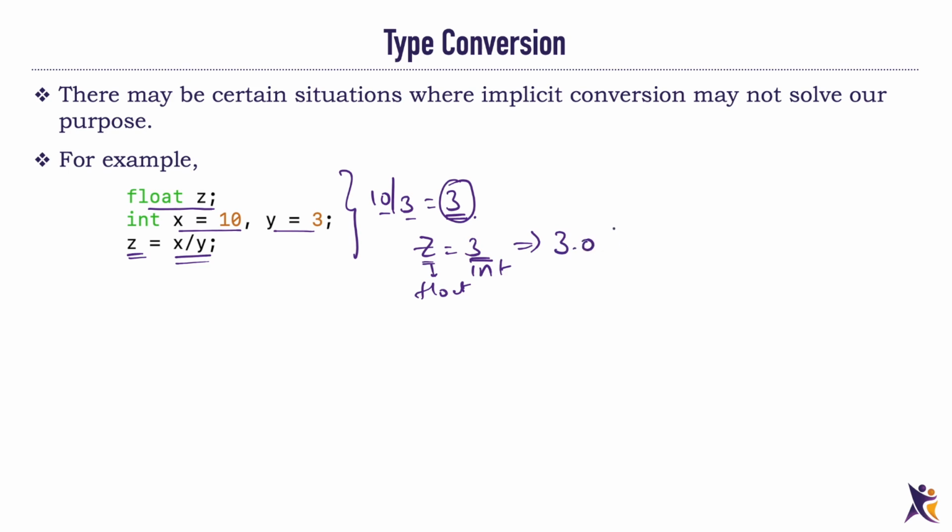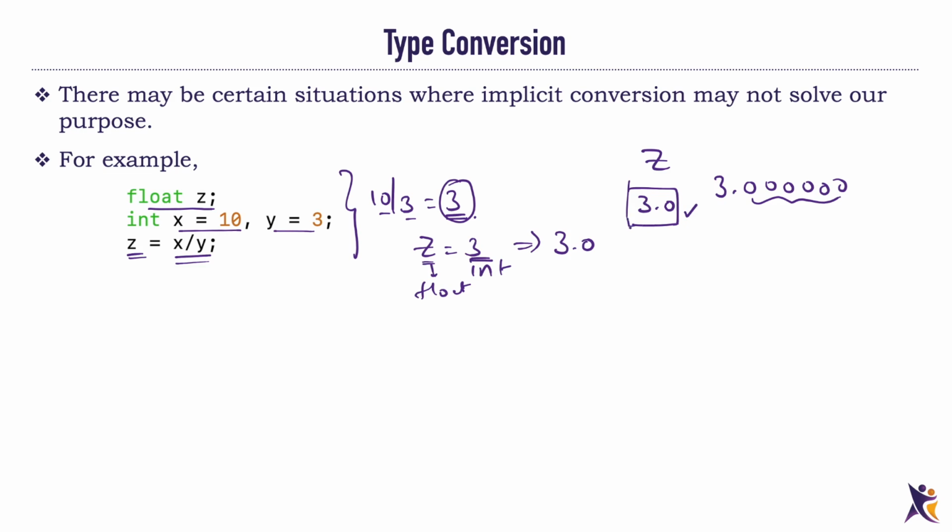So finally z will have 3.0 in its memory. In fact, it stores 3.000000, six zeros, right? After the decimal point, it will have 6 digits for a floating point number. So this is how it stores the value of z.